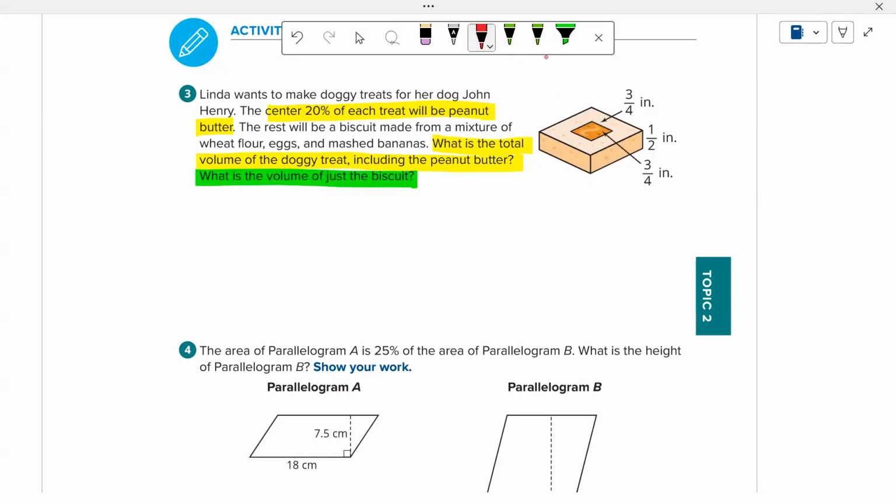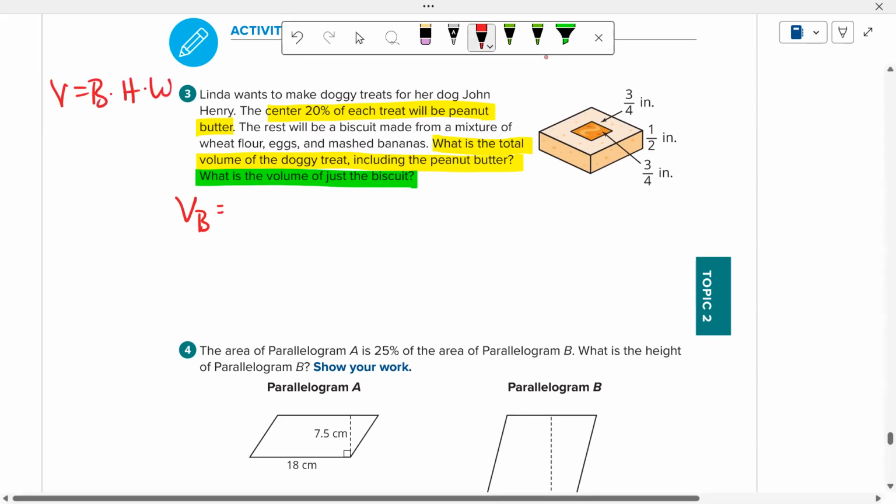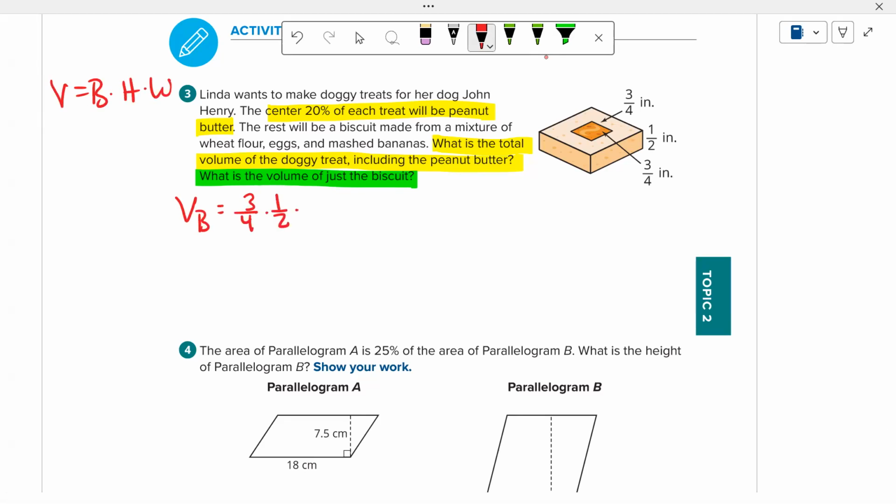So notice the biscuit has 3/4, 1/2, 3/4. So the volume of just the biscuit, remember that's equal to base times height times width. So that's going to be 3/4 times 1/2 times 3/4, which will get 9/32 inches cubed.